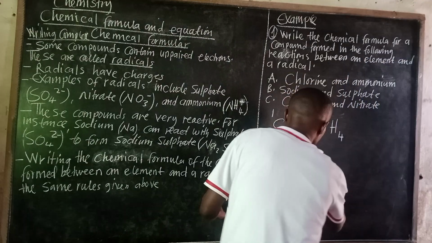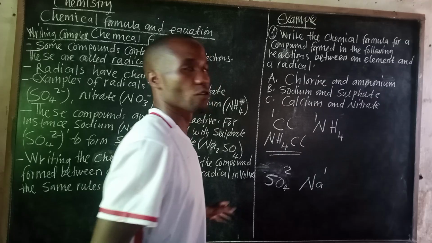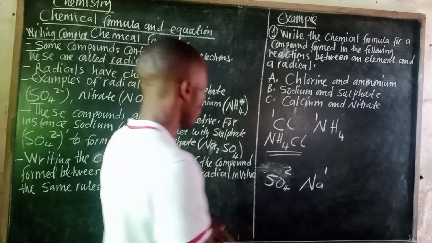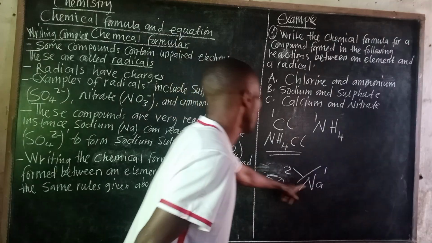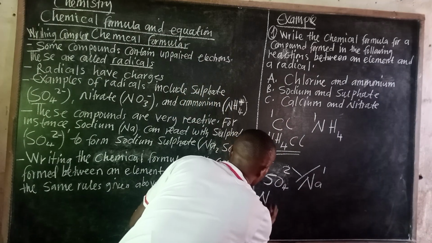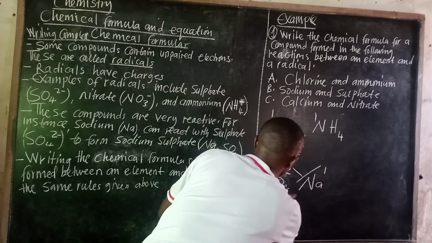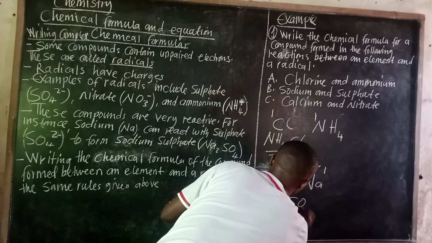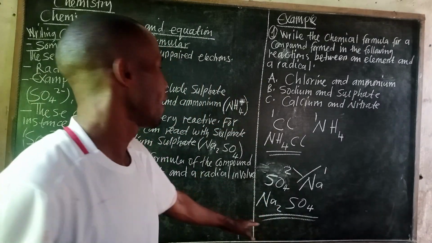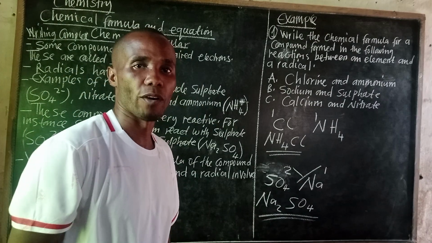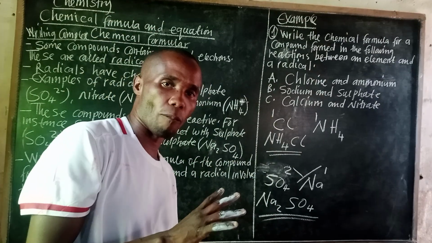So we write 1 just here. We do the same: we just cross. Automatically the 2 comes here, and we write sodium, then 2, then the sulfate, which remains as it is. So this will be the chemical formula for sodium sulfate. That is the reaction between an element and the radical compound.